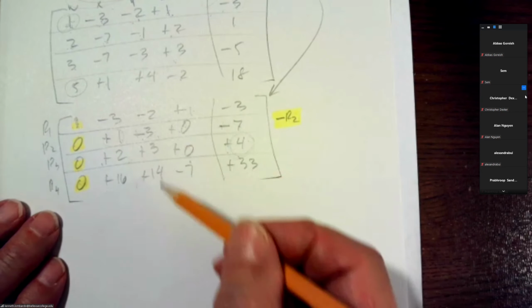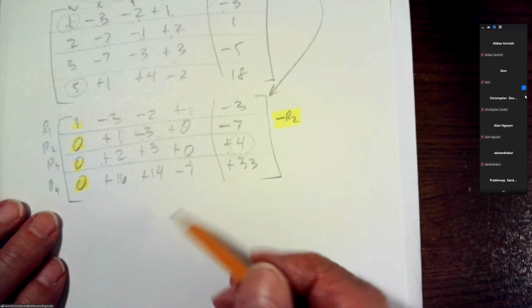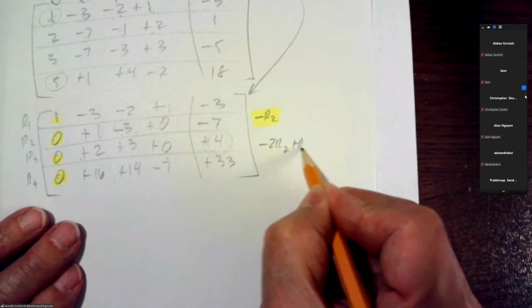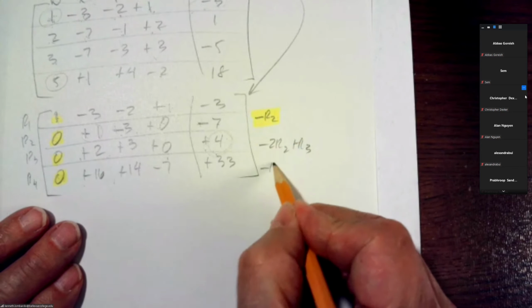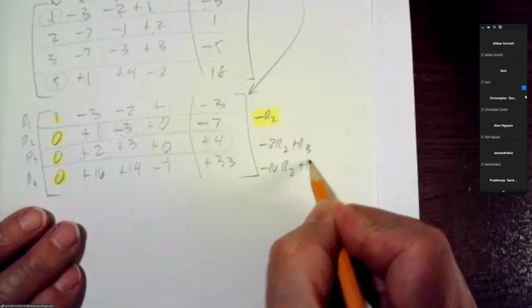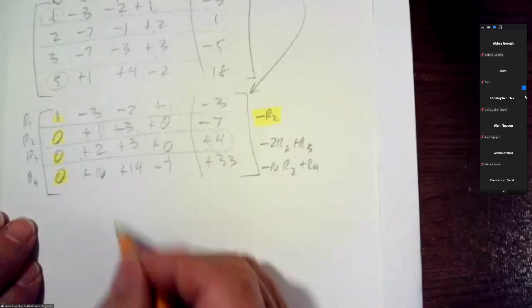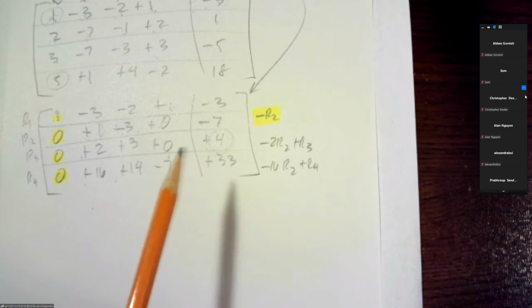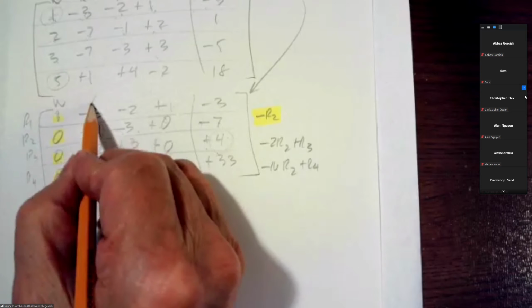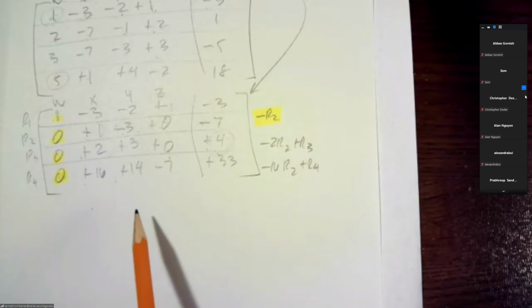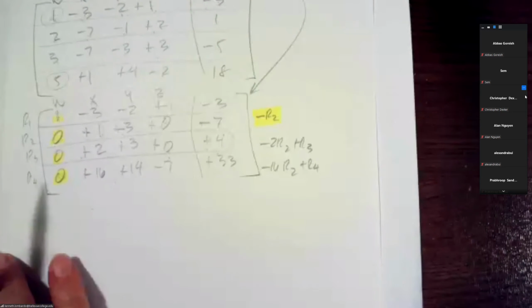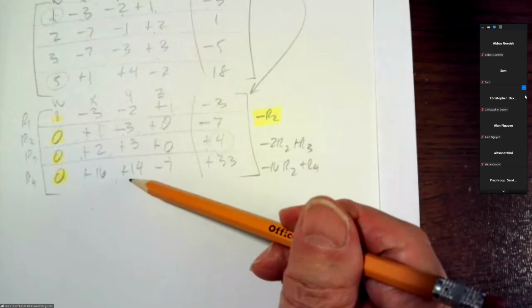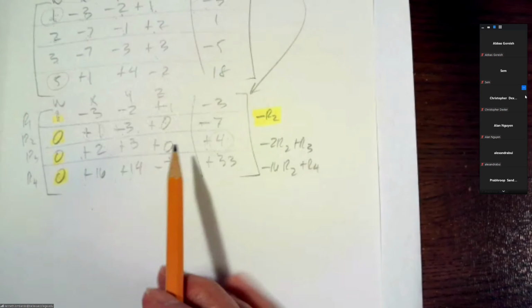Now I can continue going down through here using these operations. If I gave you -2 row 2 plus row 3 and -16 row 2 plus row 4, you're going to generate a new augmented matrix, and we can end up then solving for W, X, Y, and Z. Okay, so the idea is I want you to be comfortable and familiar with moving through using matrix operations to get an echelon.